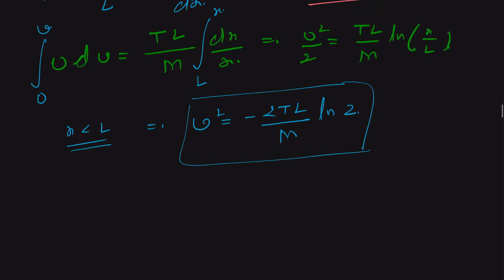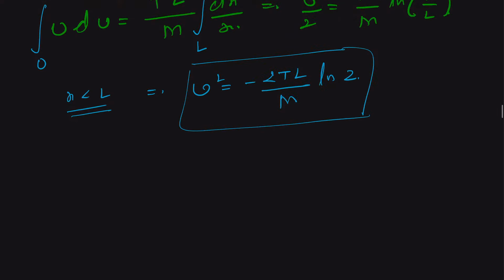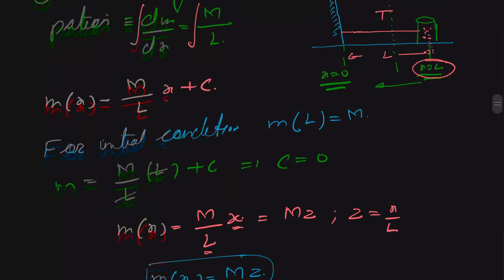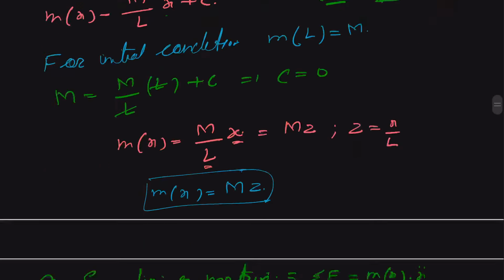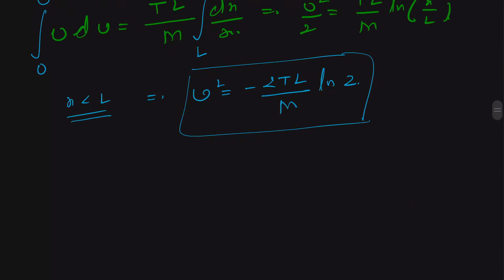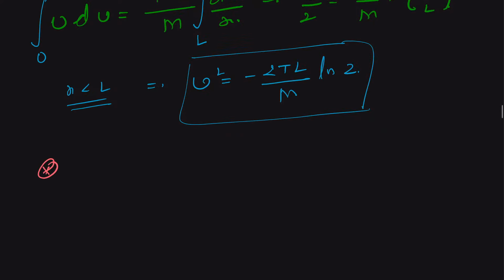And then we can find the kinetic energy as a function of the position, because we know our velocity at a distance x. Every calculation is based on when this bucket is at a distance x, at this particular position. So we can write that kinetic energy, let us suppose it is E, will be equal to half m v square.